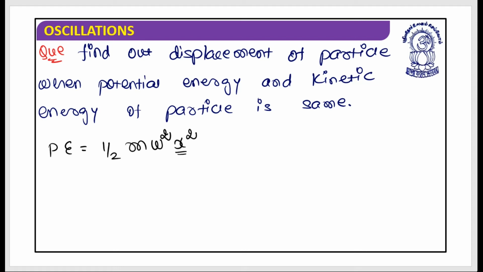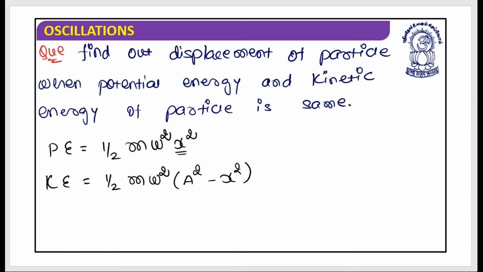I have used this x as a displacement. And the kinetic energy could be given as half into m into omega square into bracket a square minus x square.